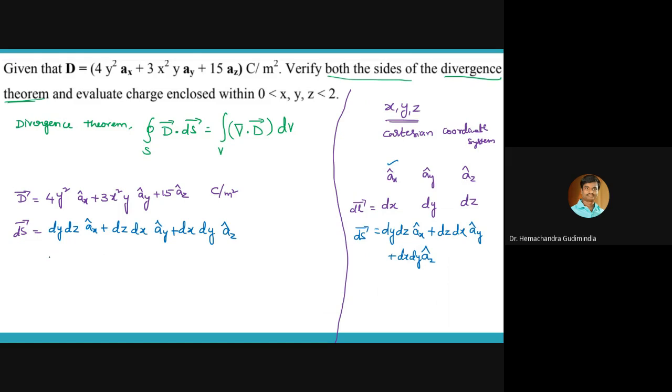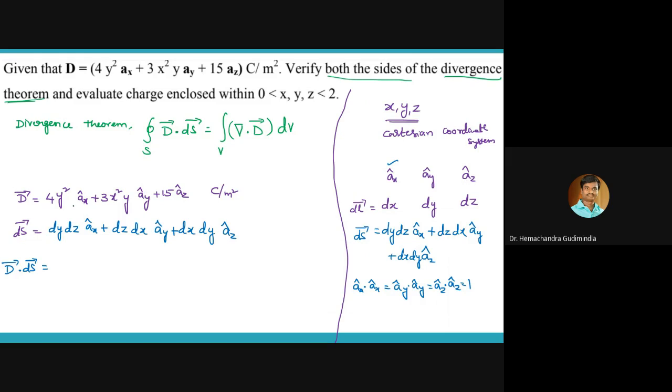Now we need to perform D bar dot dS bar. Whenever you perform the dot product, same vectors, that means ax dot ax, ay dot ay, az dot az, equal 1. Just multiply linearly.